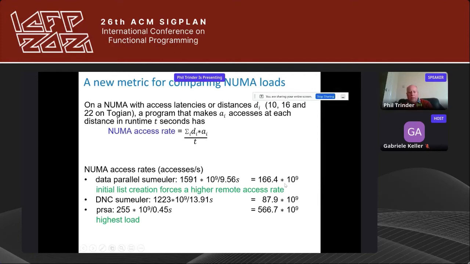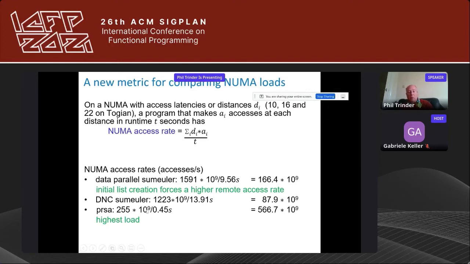And we see that the data parallel sum Euler places higher load on the memory system than the divide and conquer, and this is because it initially creates the lists, and that forces threads to make remote accesses, so it places a load which is about twice as great as divide and conquer, which is creating local lists, and so doing more local accesses.